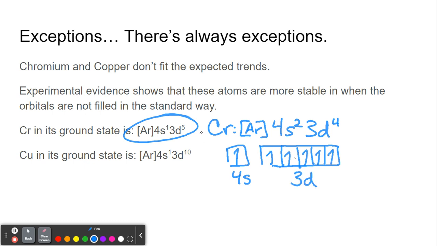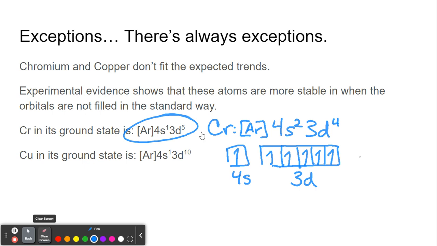It is more stable with a half full 3D shell rather than having a full 4s and a partially filled 3D. So that's the electron configuration for chromium.